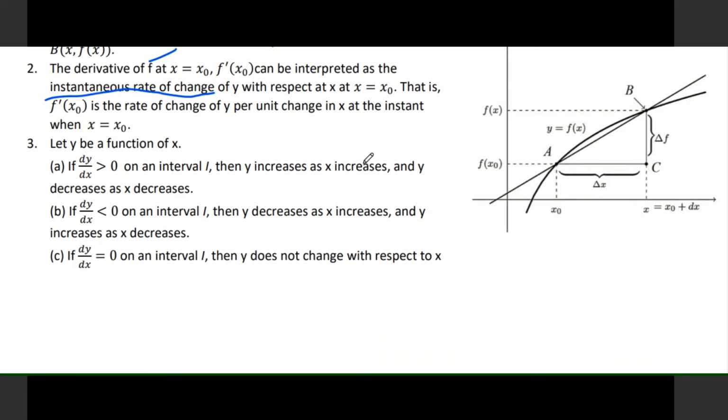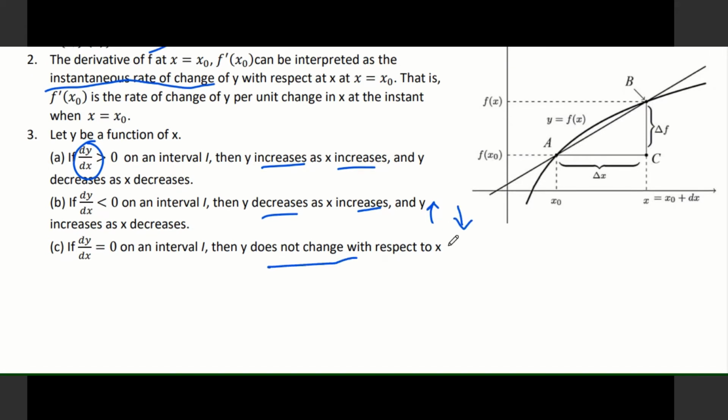Now, on some of the interpretations, if the derivative is greater than 0, then a direct relationship is happening. They both increase and they both decrease. But when that is less than 0, they are opposite, one increases, the other decreases. While when that is equal to 0, then y does not change with respect to x.